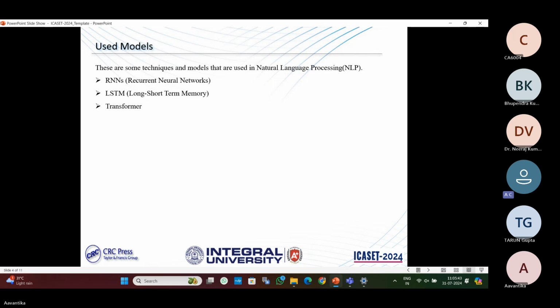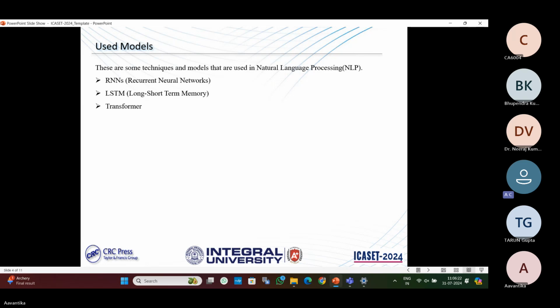It is also used in speech recognition, where it needs to remember the context of earlier sounds to understand the current one. One of the main drawbacks of LSTM is its limited ability to capture long-range dependencies in sequences.